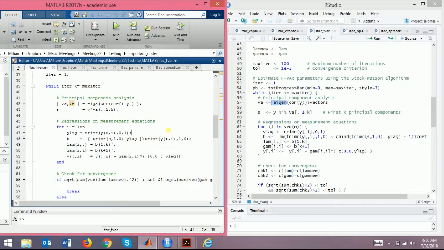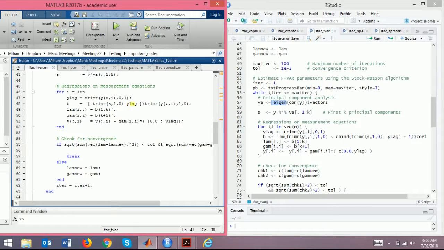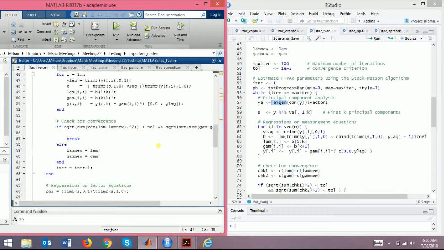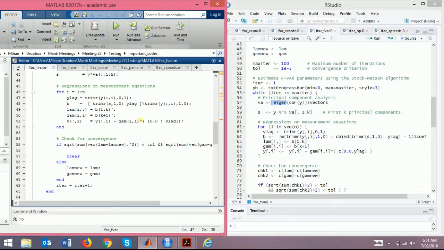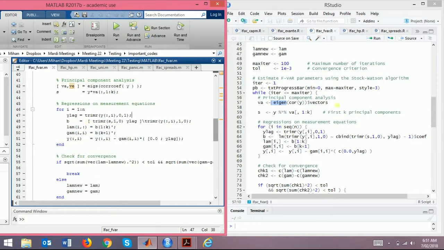Now step 3, regress y on x and y on S and y t minus 1 until there is convergence. So let's do the regression. First we represent y lag, as we know how we do it, 0 1. Then we represent b, which is where we are regressing yt on st and yit minus 1.